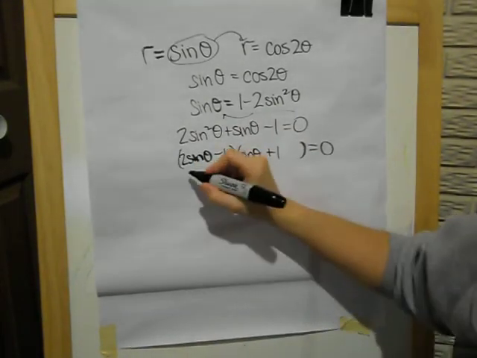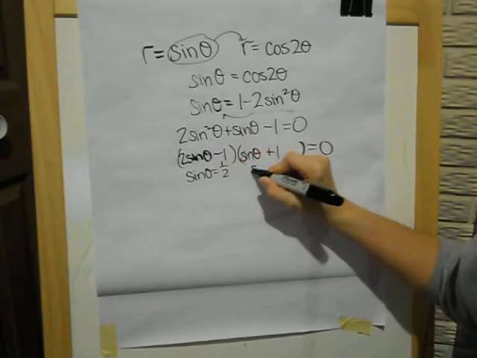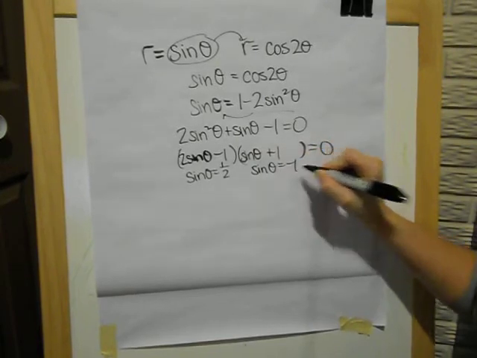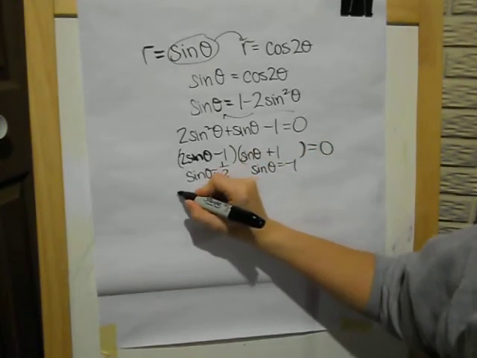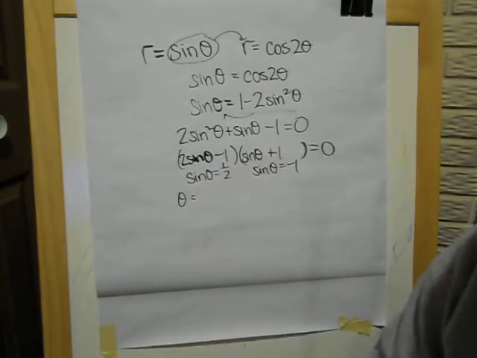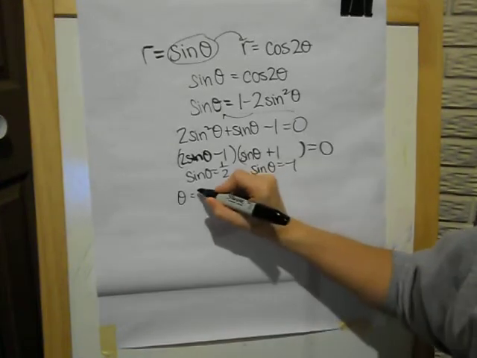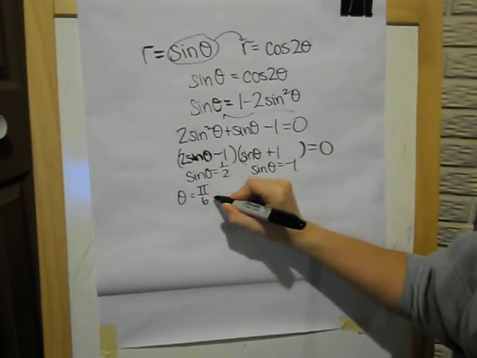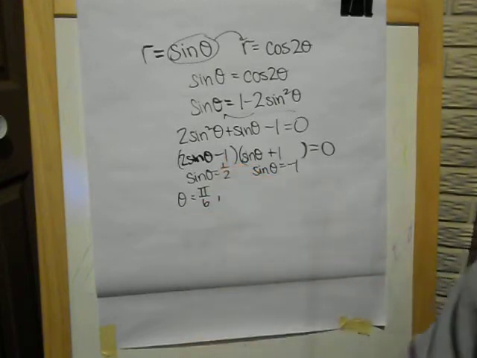So setting each of those factors equal to 0, I get sine theta equals 1/2 and sine theta equals -1. And here again is making sure I know my answers to these kinds of questions. So we're answering here in radians. Sine of theta equals 1/2 when the reference angle is a 30-degree reference angle, so pi over 6 in radians. And then there's a second answer, because sine can give us a positive 1/2 in 2 quadrants.